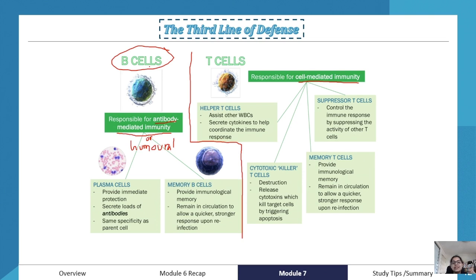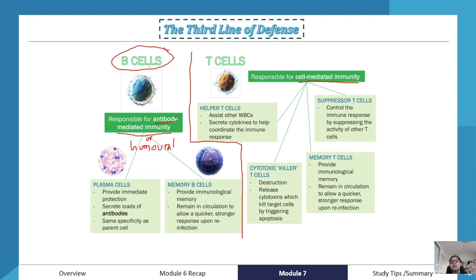Then we've got the cytotoxic killer T cells. I love the name, I think it's such a strong name. These are basically the cells that cause destruction. They release cytotoxins which kill target cells by triggering apoptosis. They see a cell, they don't think, they go ahead and they kill. That's why they're destructive.